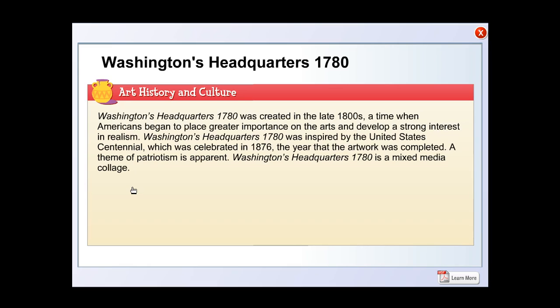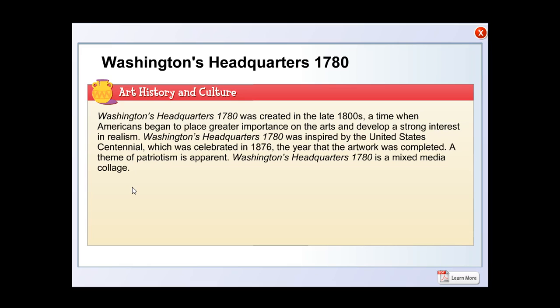So portraits were taken, just like we would when we go to take pictures. And for certain events, there was an artist who would illustrate them so they could put those in newspapers and magazines and write about it in books so people could read about it.